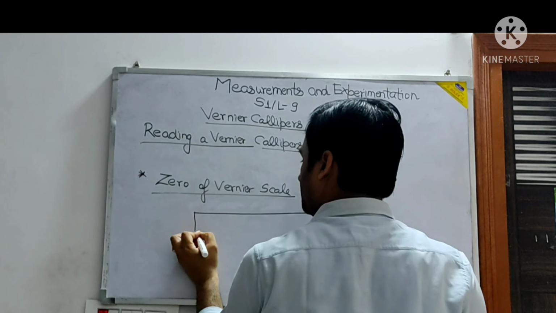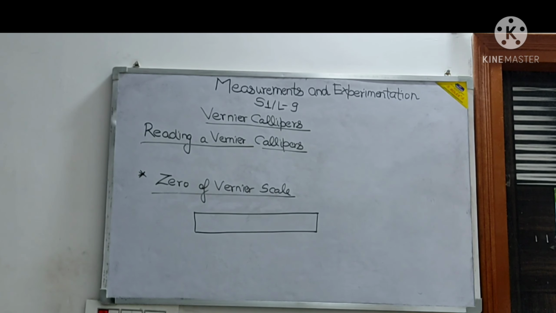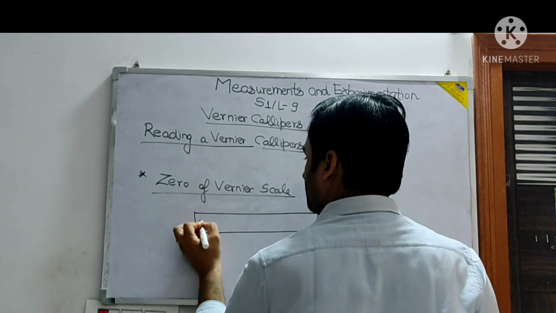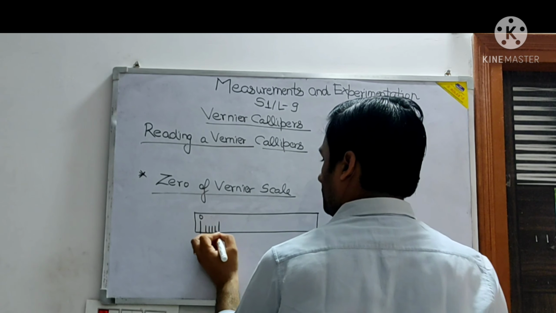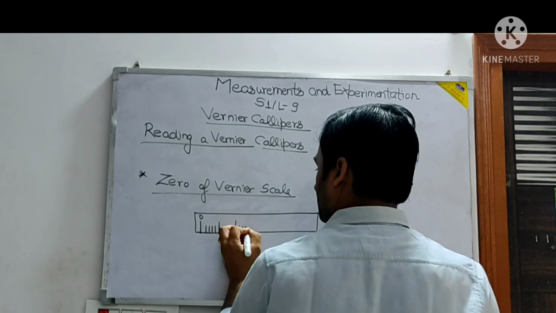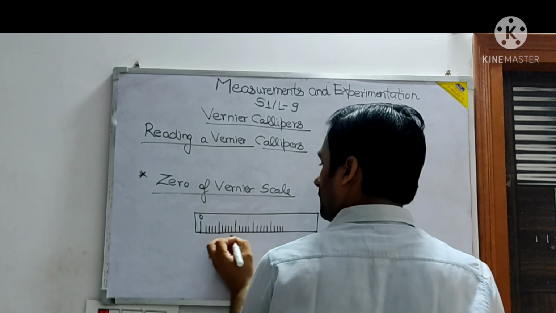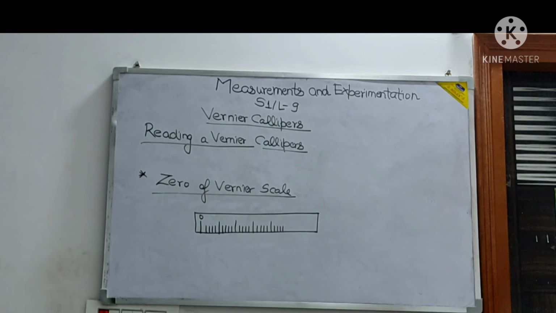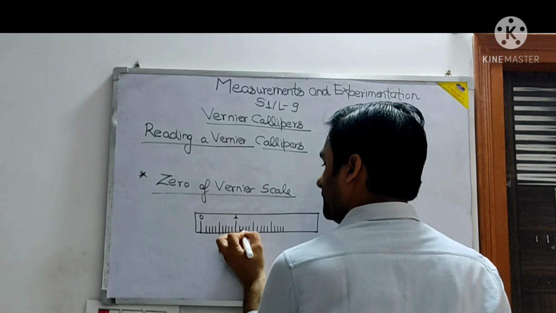This is a scale drawn. Basically, this is your main scale. This is the zero. This is 1.